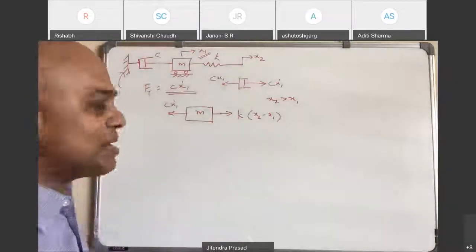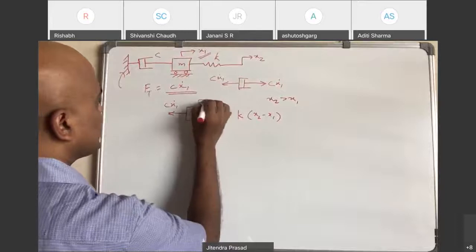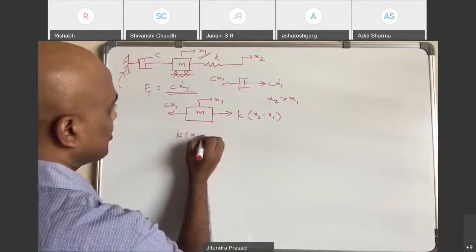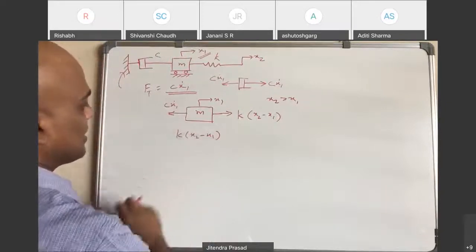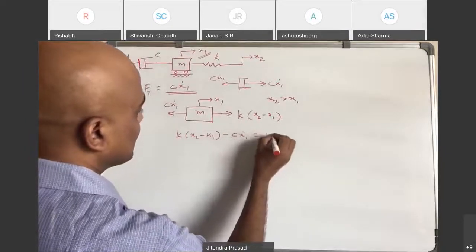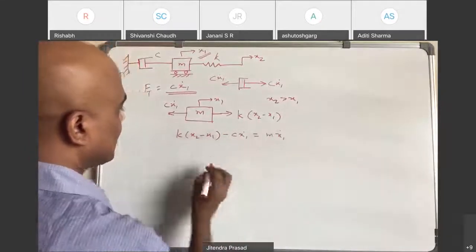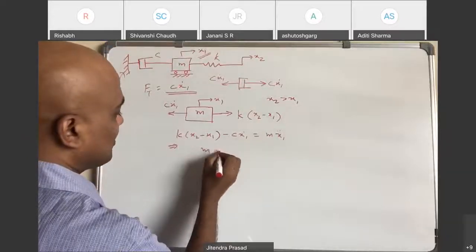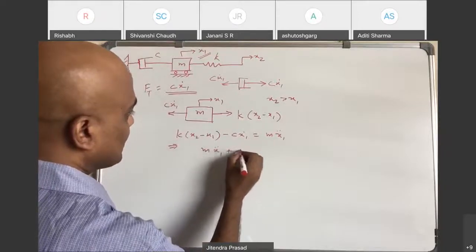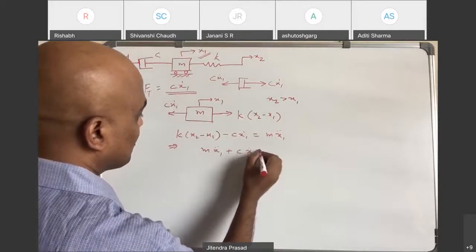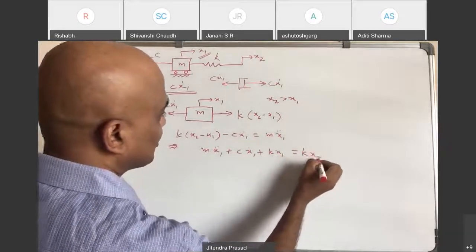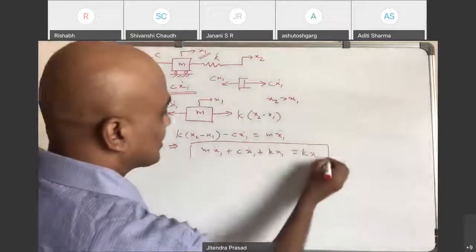Hence the equation of equilibrium becomes k(x2 minus x1) minus c x1 dot equals m x1 double dot, and the final equation becomes m x1 double dot plus c x1 dot plus k x1 is equal to k x2.